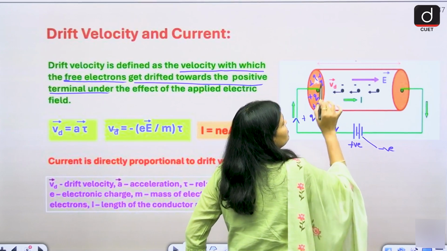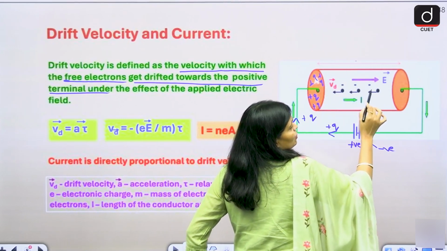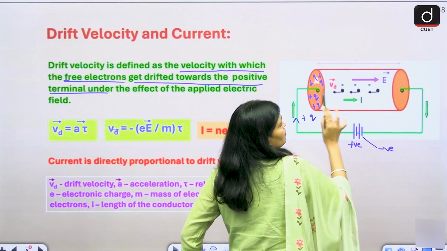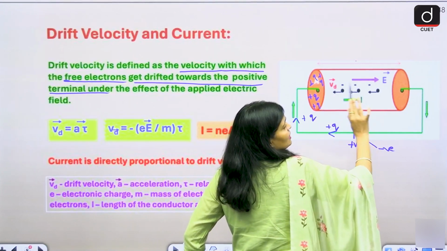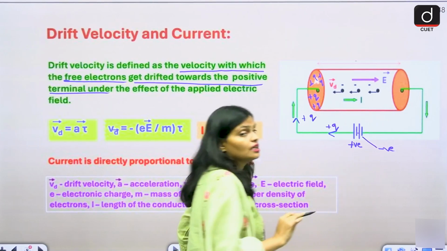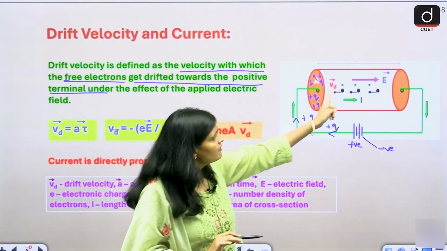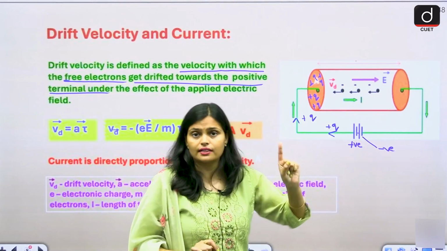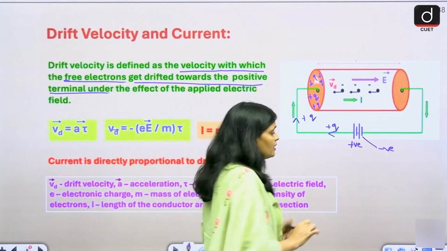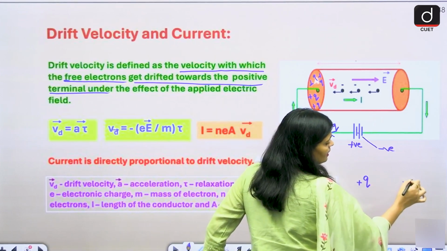In the metal we have free electrons, so the free electron moves towards the positive charge, and the electric field is in this direction. Why is the electric field in this direction? When you learn electrostatics, you will learn that we have two types of charges, plus and minus.